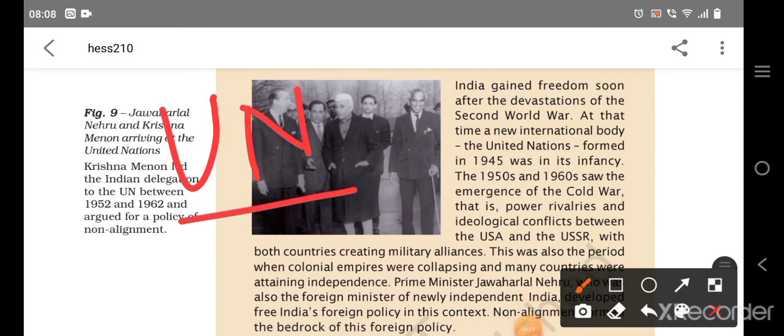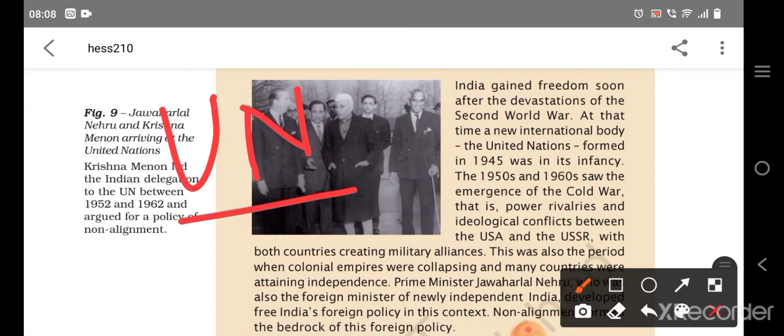This United Nations was in its infancy, meaning it was so new that it didn't know how to manage such things and take steps. In the 1950s and 1960s, the Cold War was emerging, and a lot of countries had just become independent from colonial rulers, so a lot of countries didn't know how to manage such things.